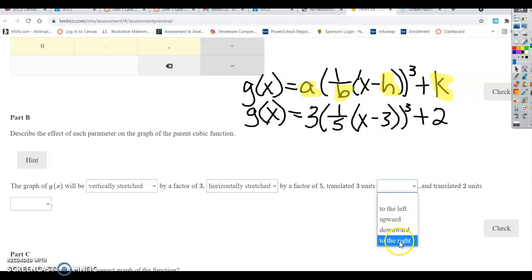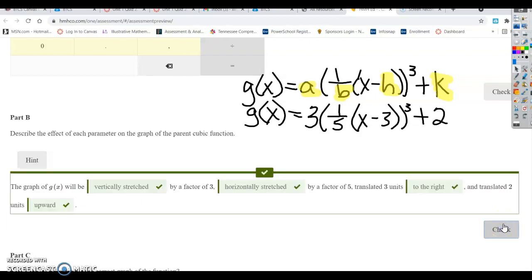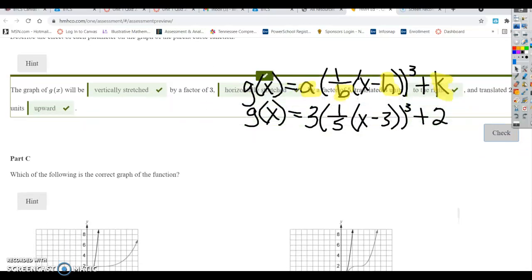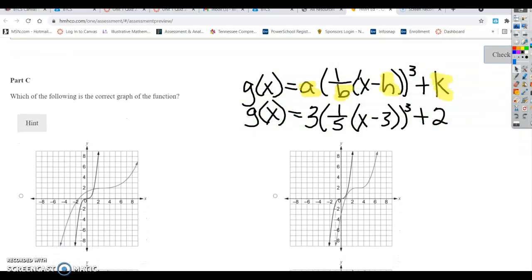It always goes opposite of the direction you think the sign would take you. And translated 2 units up. So that's what those numbers do to the parent function.